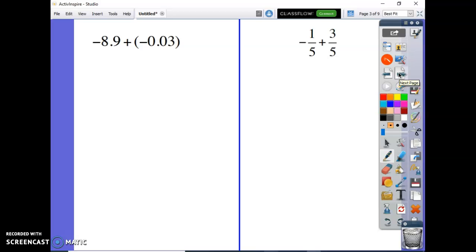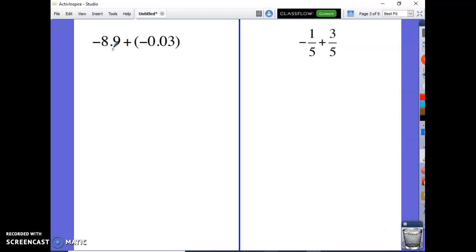So right over here, we have negative 8.9 plus negative 0.03, two rational numbers that are being added with the same sign. So we're going to add and keep the sign. But before we do that, because they're decimals, we want to set them up vertically and match our decimal places.